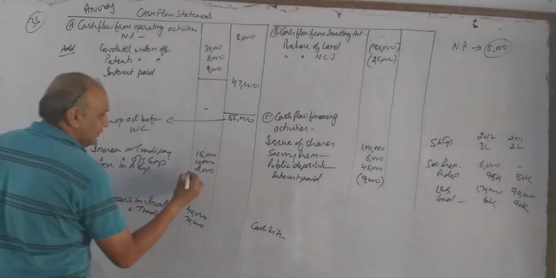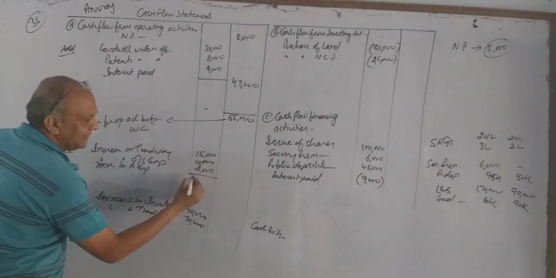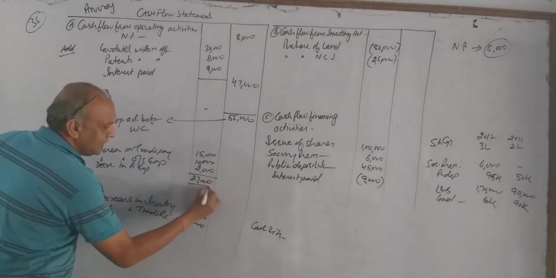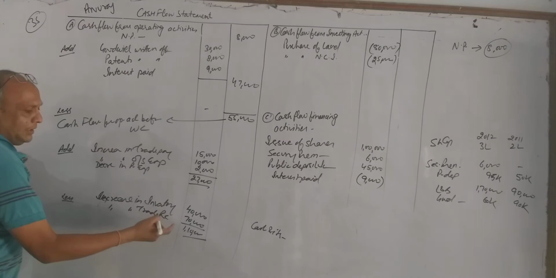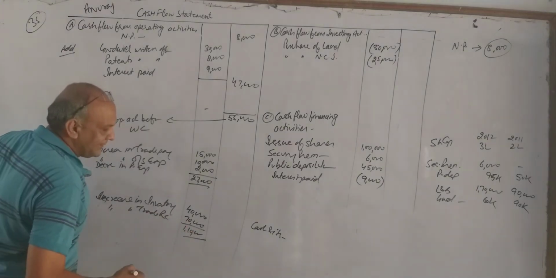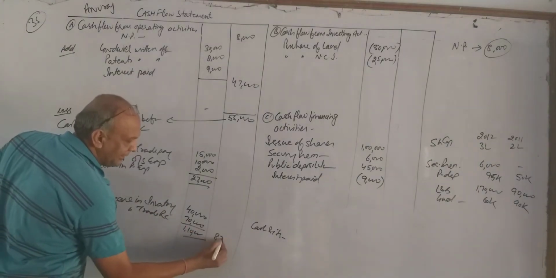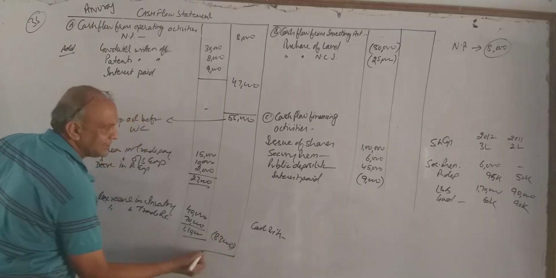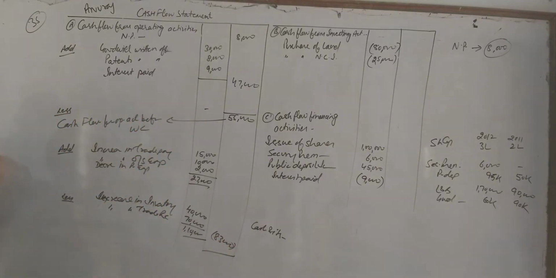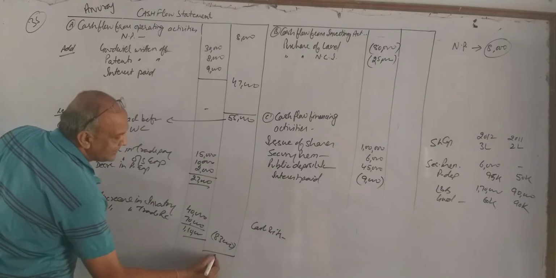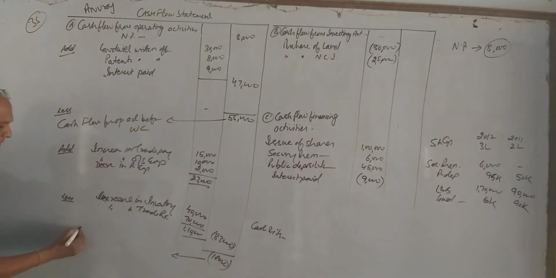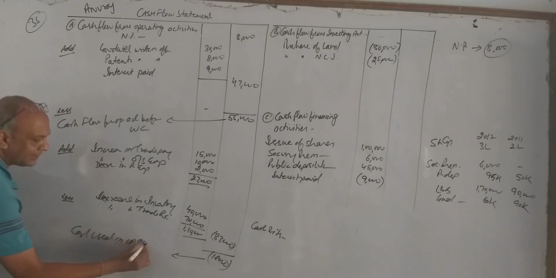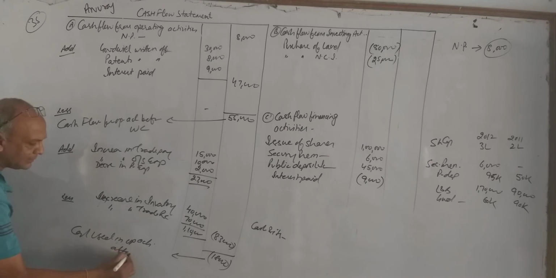Right? Now these are add item, it becomes 27,000 and this is 1,10,000. This is negative item, so their difference will be, my dear friend, 73 plus 10, 83,000, and it is minus item. This is plus, this is minus, so what it comes, my dear friends, 18,000 is negative item. And what we are going to show over here, cash used in operating activities after working capital.